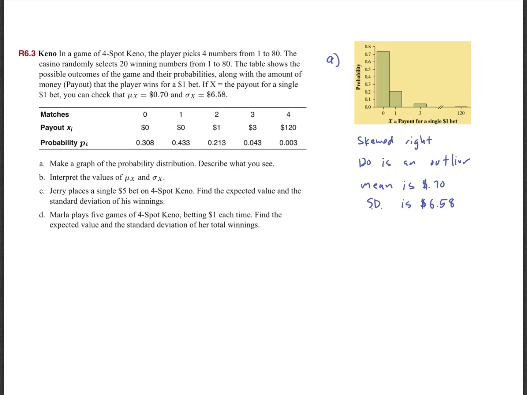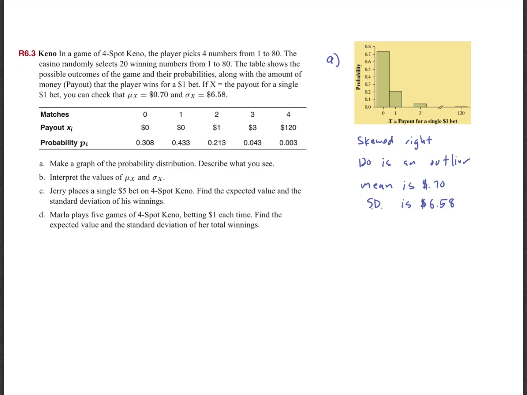So they say interpret the values of the mean and standard deviation. So the mean would be like if you made many $1 bets, the average payout for each of those bets would be 70 cents.